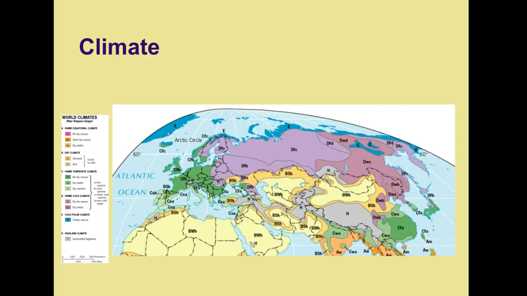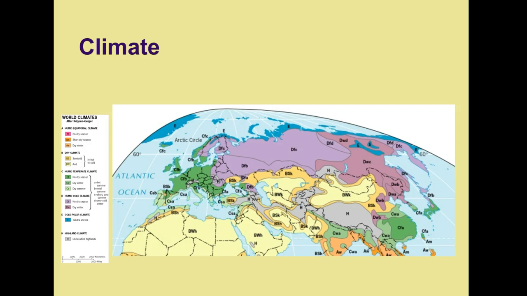Okay, so talking about climates, we will see a preponderance of D climates. If you look at the legend of the map here, you'll see that we have humid, cold climates dominating, both year-round precipitation and dry winter climates.